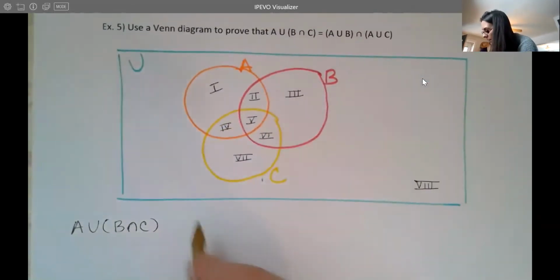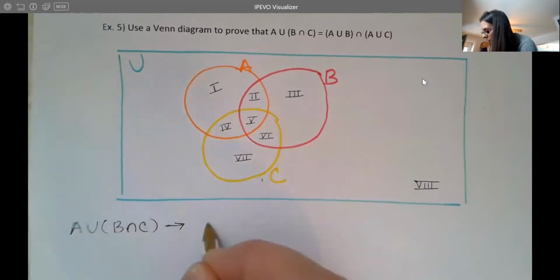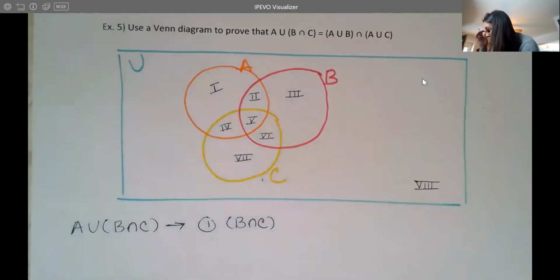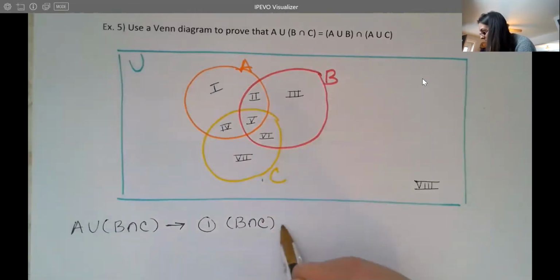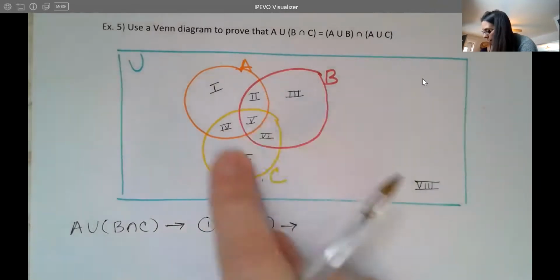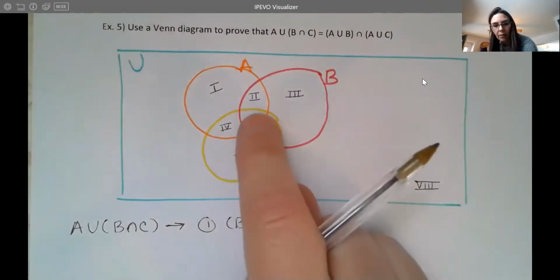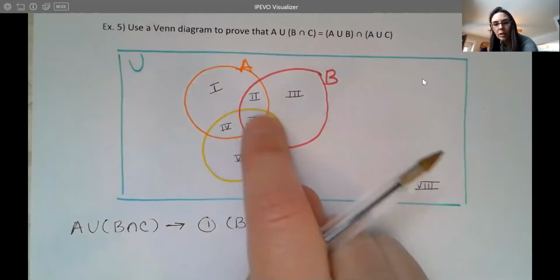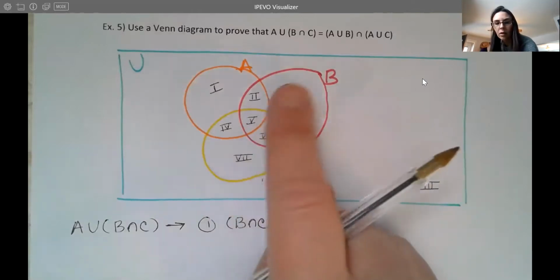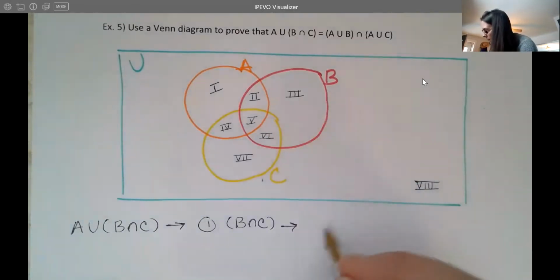I have parentheses, so the first thing I'm going to do is look at just B intersect C. Where do B and C overlap? Here's B, here's C. Notice that right in here, these 2 little regions are where B and C overlap each other. So 5 and 6 are included both in B and in C.